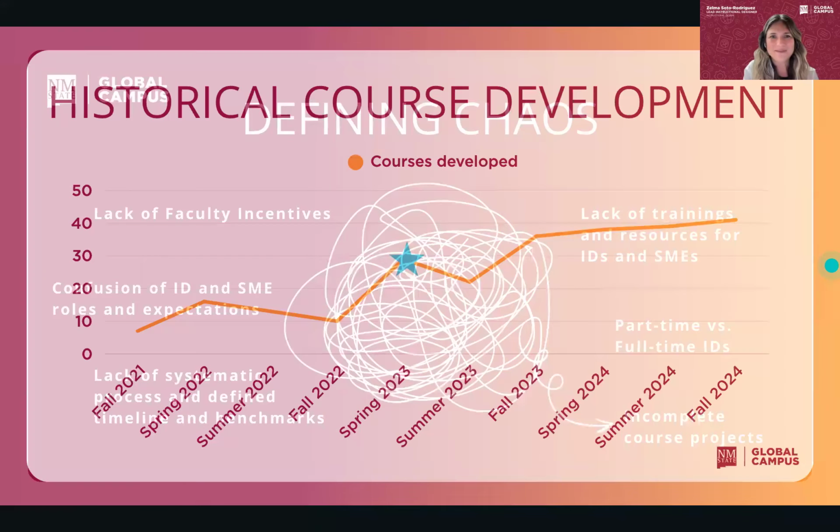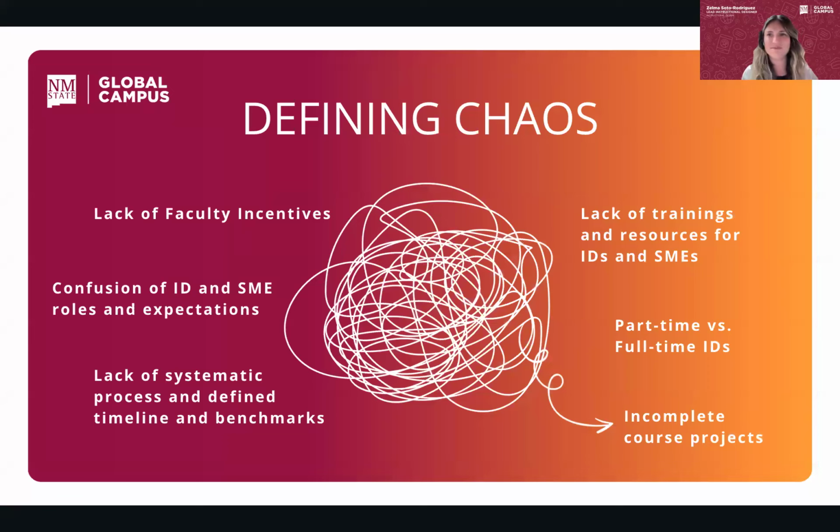Before our success, what I define as chaos, or some challenges we faced in our course development processes, include a lack of faculty incentives. And we work a lot with volunteer faculty members. There was limited motivation or compensation to prioritize the course development task, which is a heavy lift for some faculty members.